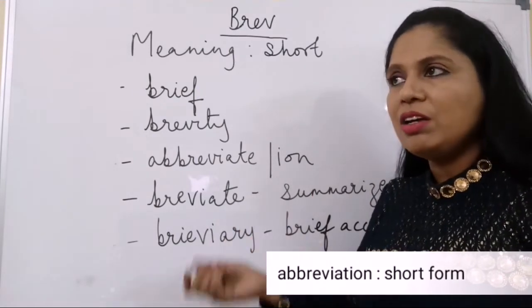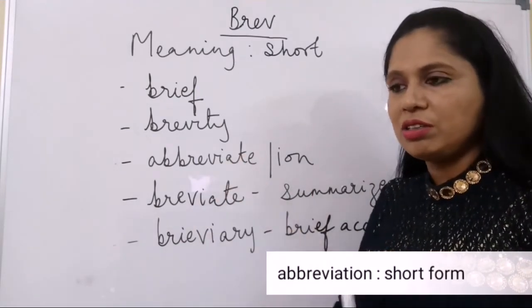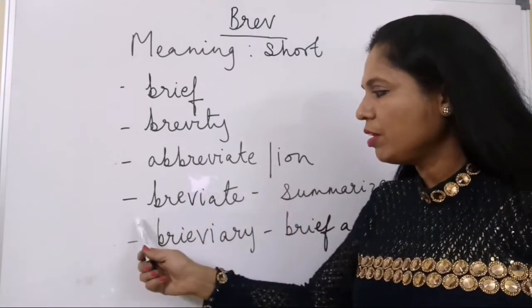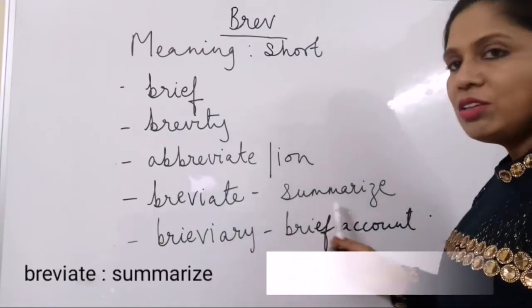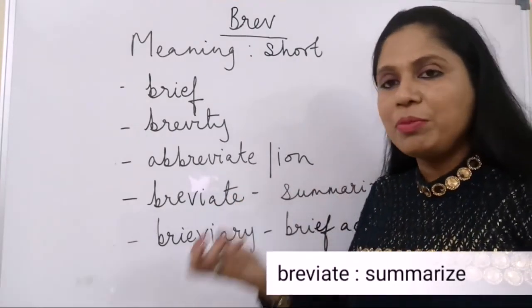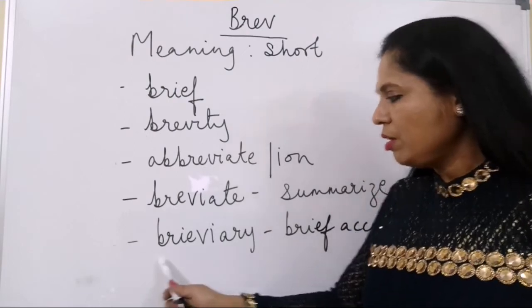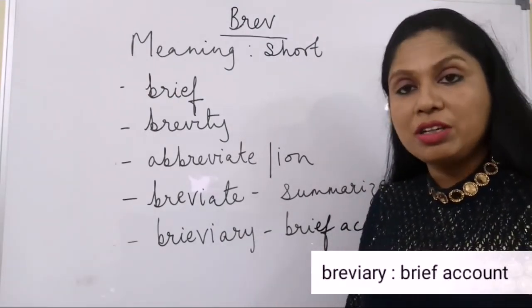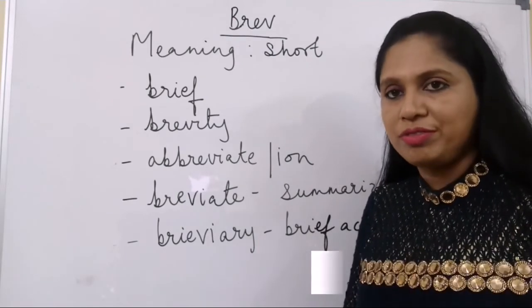For example, if I say UNO, it is a short form. So abbreviation. Breviate means to summarize or to express something in brief or short. Breviary also means to summarize or to give a brief account of.